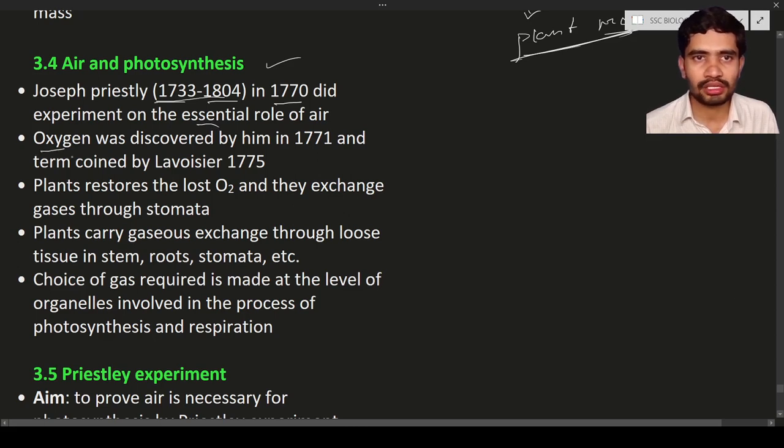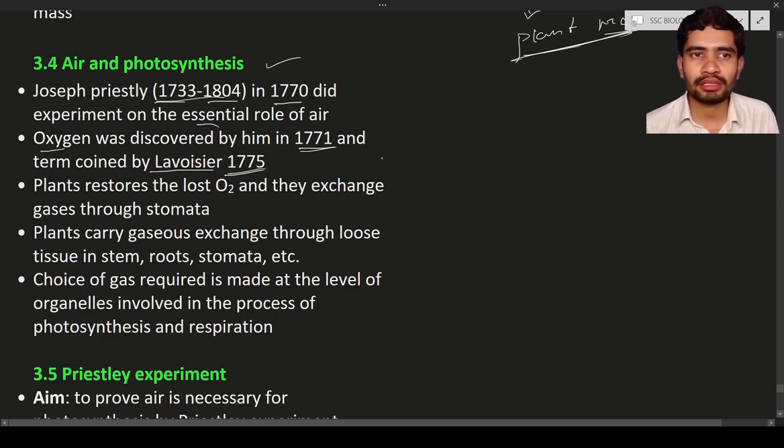Oxygen was discovered by him. Joseph Priestley discovered oxygen in the year 1771, and the term oxygen was coined by Lavoisier in 1775.